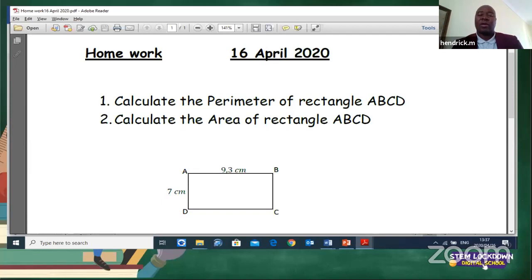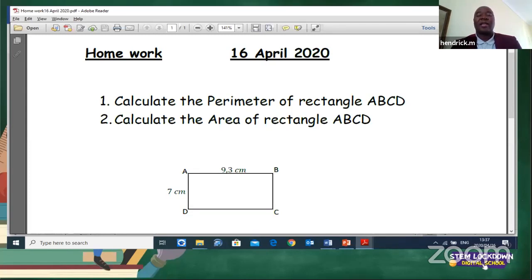Right, calculate the area now of the rectangle using the formula. What will be the area of the rectangle? The area of the rectangle will be length times breadth. And what is our length in this case? The length is 9,3 centimeters and the breadth is 7 centimeters. Now you multiply those together.